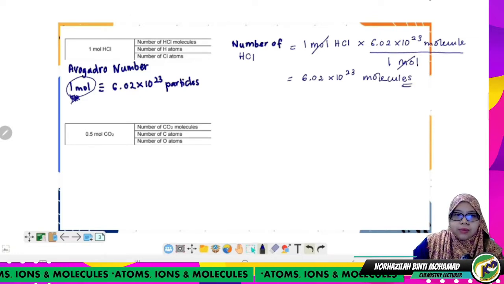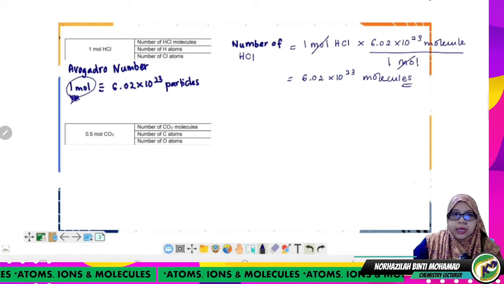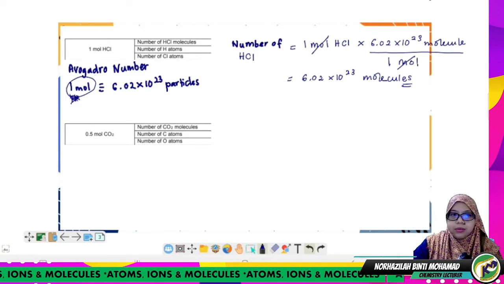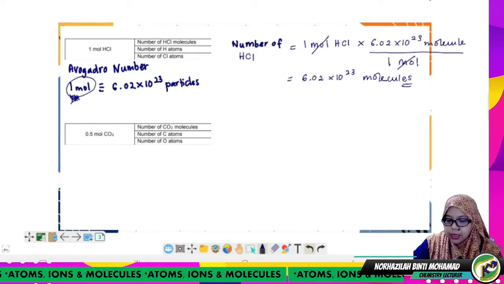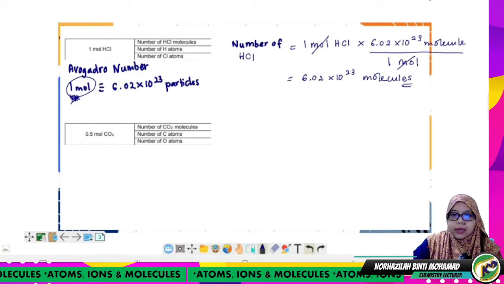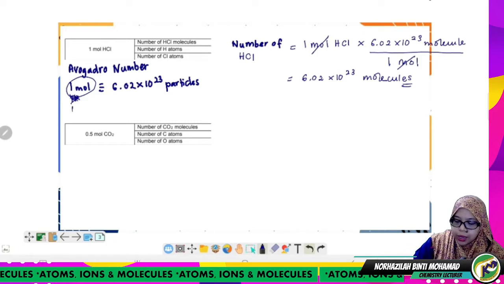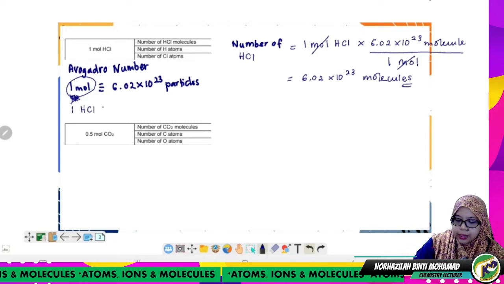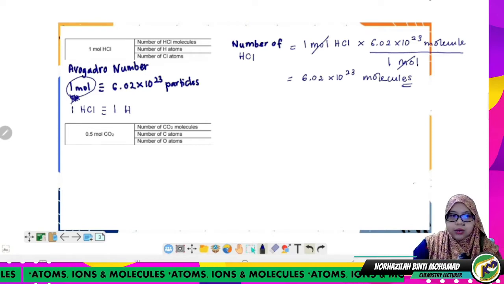So how about the second question? How many hydrogen atoms? To calculate the number of hydrogen atoms, we must look at the molecular formula, HCl. One HCl contains one hydrogen, so the ratio here is 1:1.